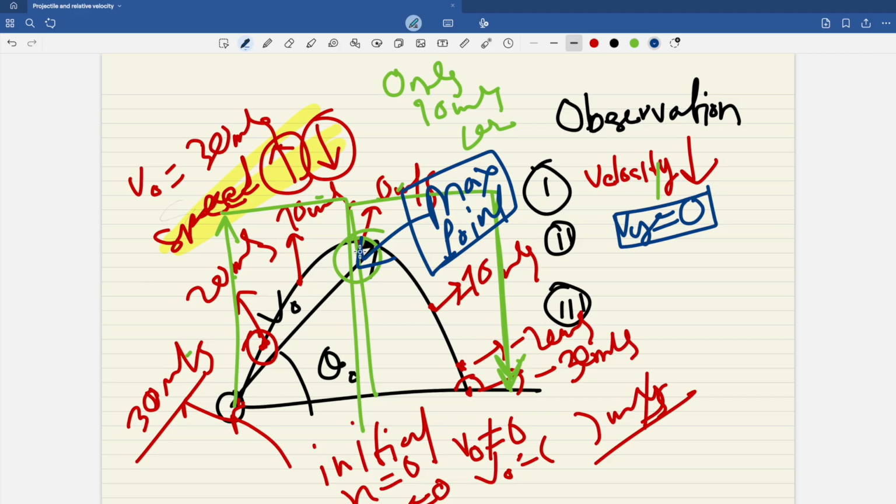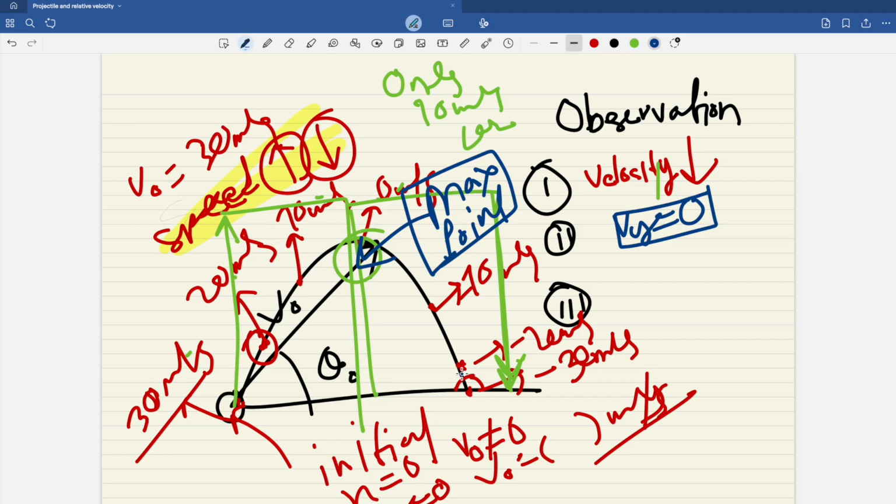At a certain point of time, the velocity turned out to be 0. Then the object moved along the favor of gravity. In the first phase, it was going against gravity. Then at a certain point of time, when the velocity turned out to be 0, it traveled in favor of gravity.